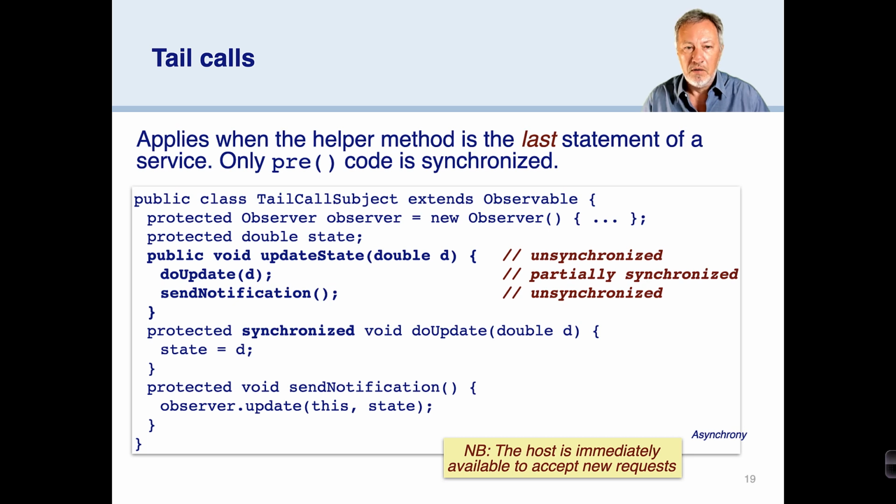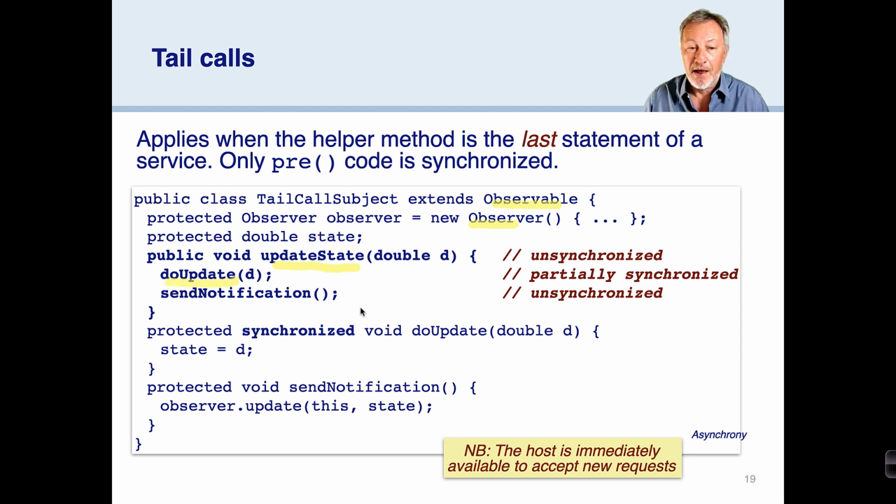Here's an example, a tail call subject. The tail call subject is an observable object, and it has an observer. It has a state which can be updated, and the update method is the service that's being performed: update state. It consists of two parts.